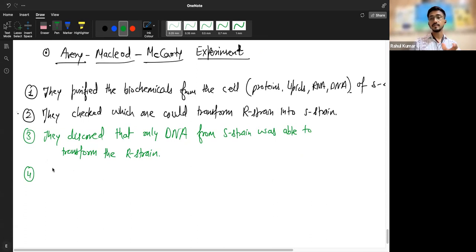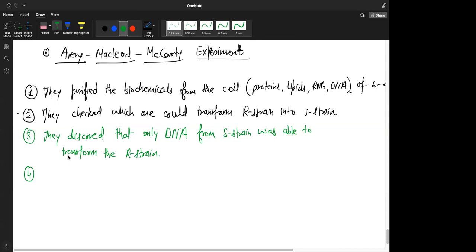So they treated the cells with protein digesting enzymes, lipid digesting enzymes called proteases, lipases, and nucleic acid digesting enzymes called nucleases. So you have studied in class 11th in the digestive system chapter. In our body, we have different enzymes: proteases, lipases, amylases, and nucleases to break down certain things, right? To digest certain molecules, correct? Yes or no? Yes, sir.